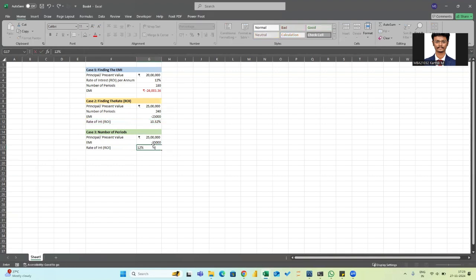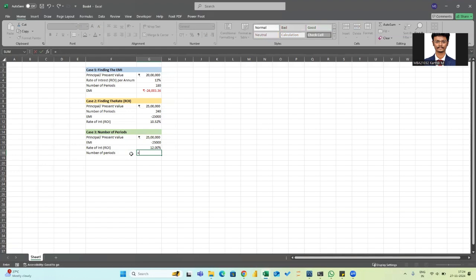So rate of interest, let's put 12%, and let's calculate the number of periods. So assume you're taking a loan of 25 lakhs and you can afford to pay 25,000 per month as EMI, and the bank is offering you 12% interest. So how many years will you be required to complete the EMI?